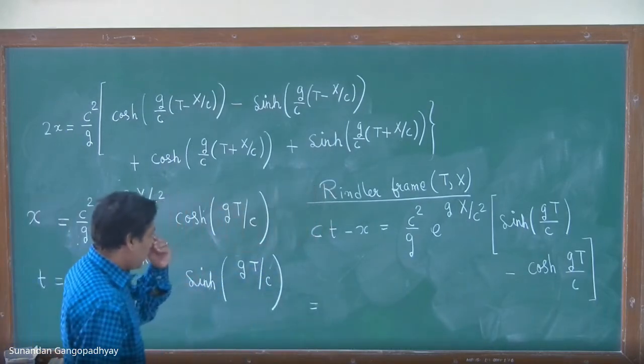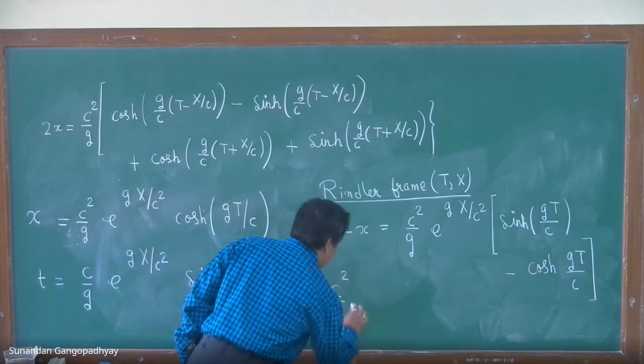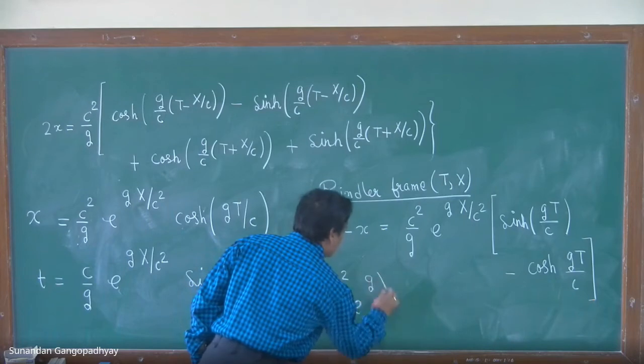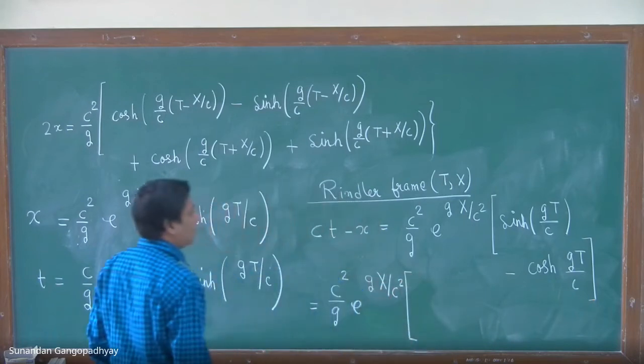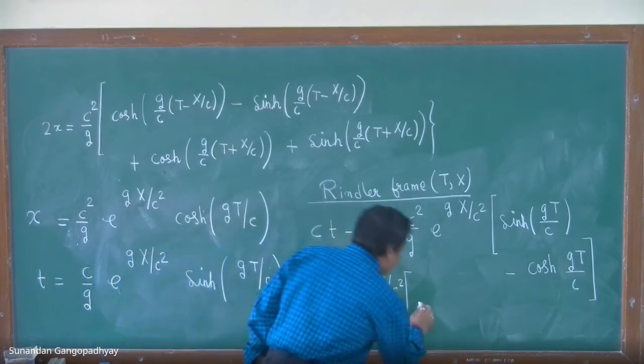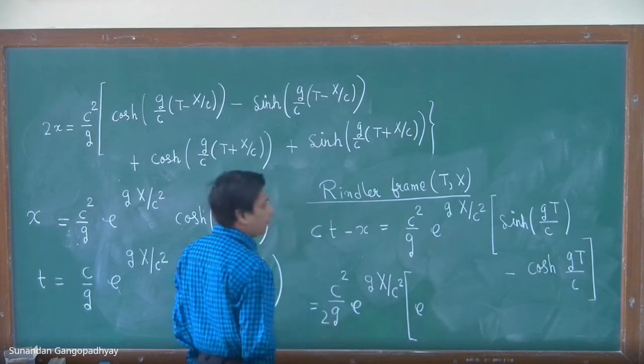If you simplify this, it will be c square by g to the power of g. This sine hyperbolic, from there we have a factor of 2 outside.